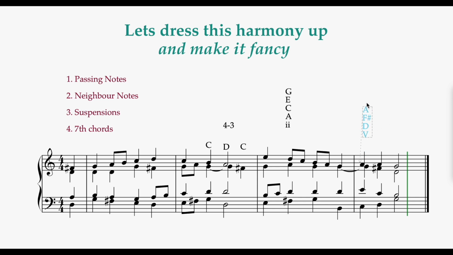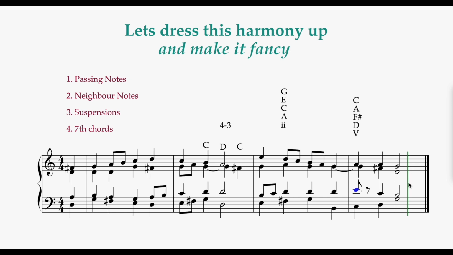So there's chord 5, D, F sharp, A, but of course I'm going to add a 7th, which is the C. So I've put the C into the tenor voice. And now they're a third apart here, and guess what? I'm going to add a passing note. There we go.